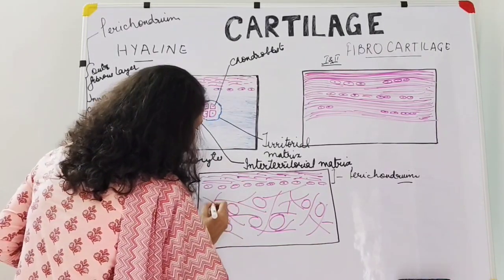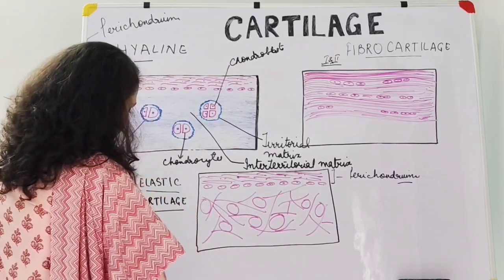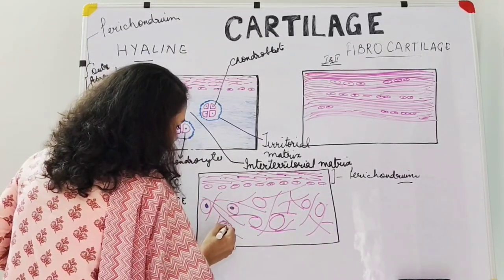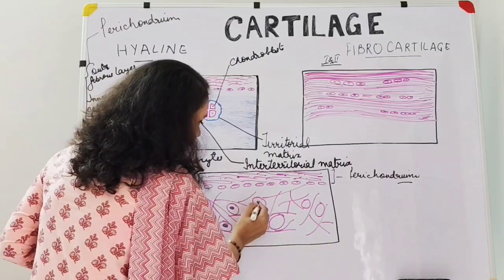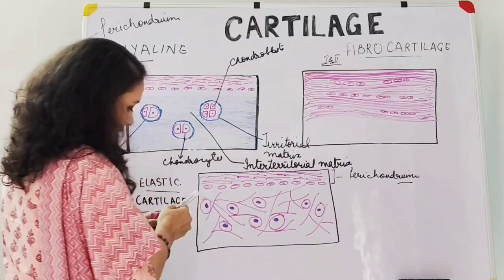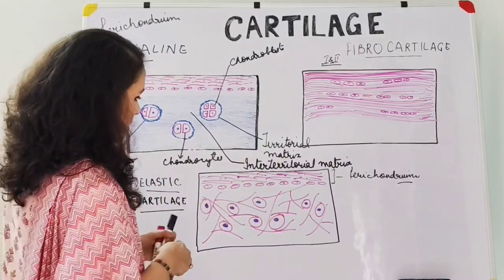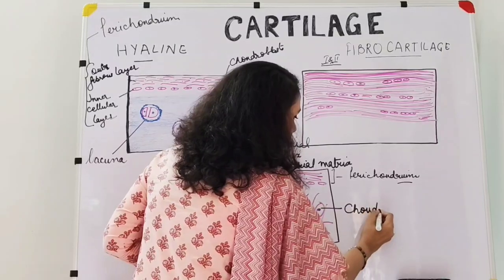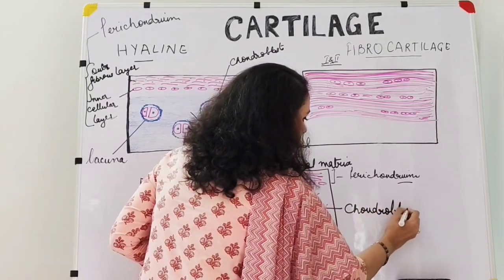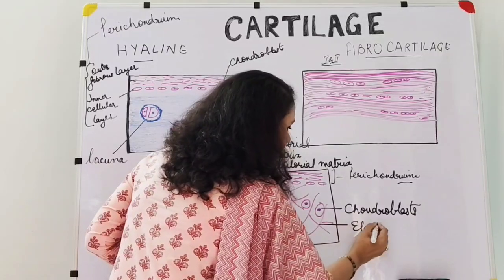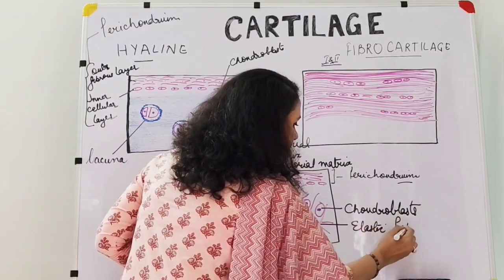They are larger in size in this case, and they have a nucleus. In this case, they are mostly singly placed. So this becomes elastic cartilage. You can label them as chondroblast or chondrocytes, it is your wish. Then these are the elastic fibers.